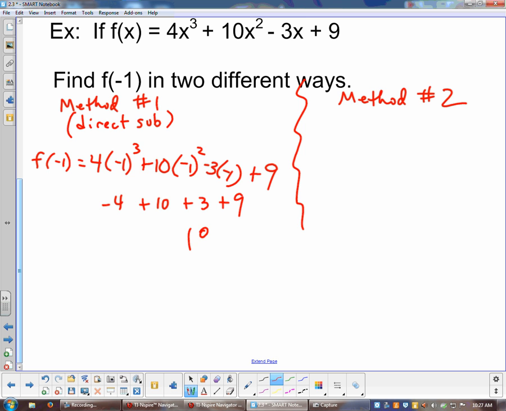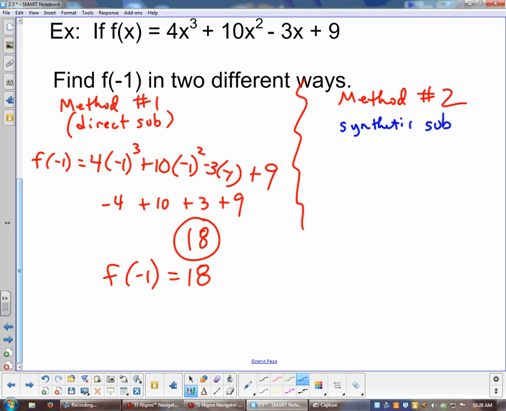All right, so I am getting that f of -1 equals 18. That's method 1. It's called direct substitution. It's what you're used to with evaluating functions.